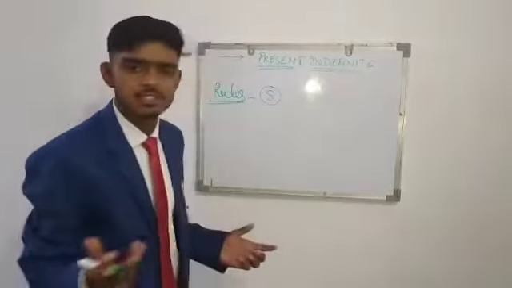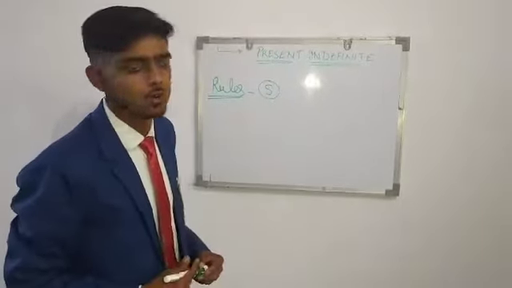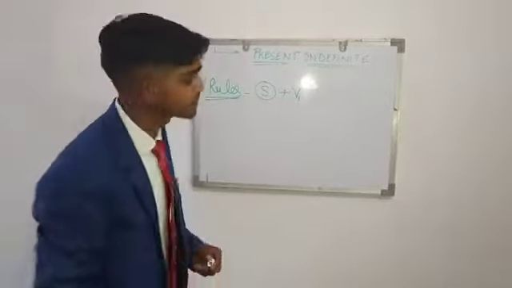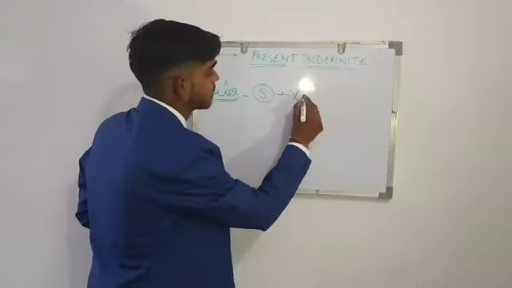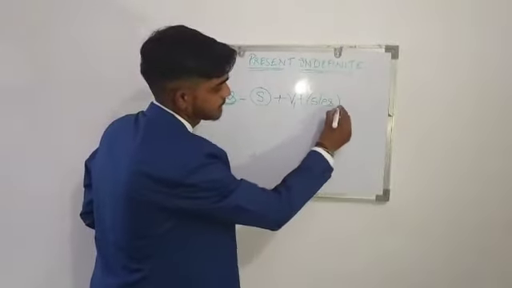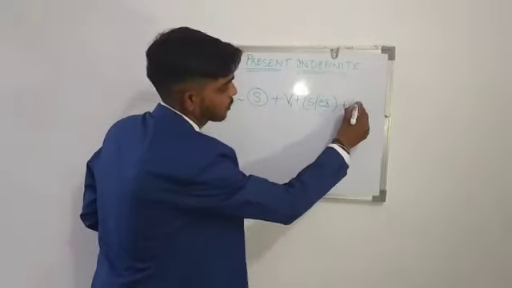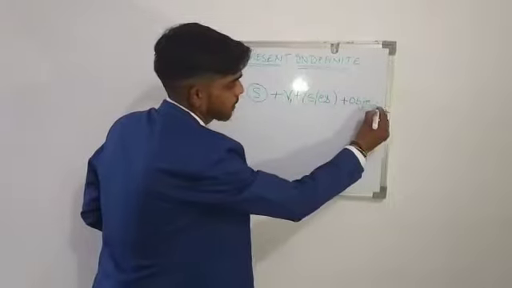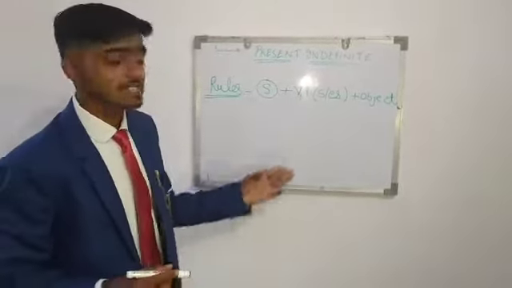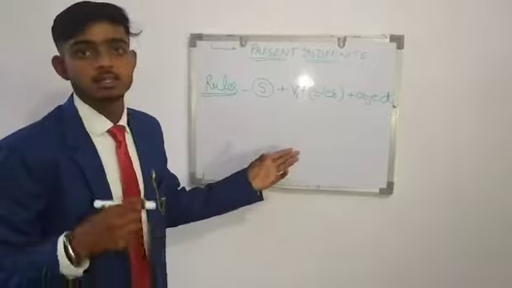So subject is necessary in all the tenses, as you very well know, plus verb's first form plus s or es plus object, which may or may not be there. So this is the rule of present indefinite tense.